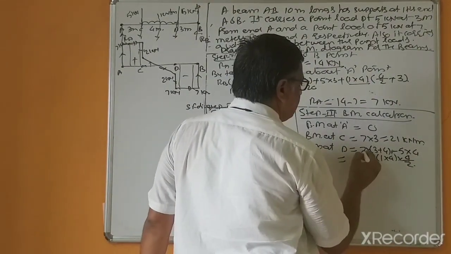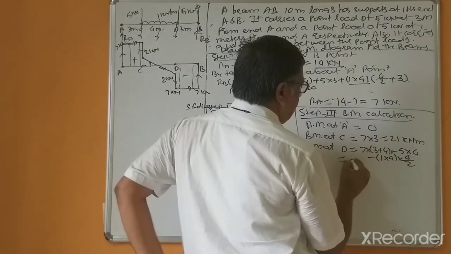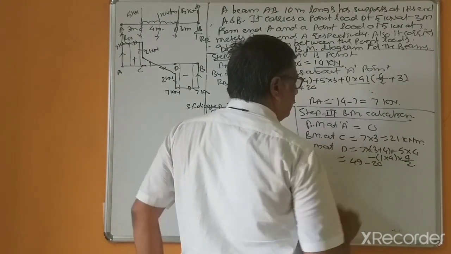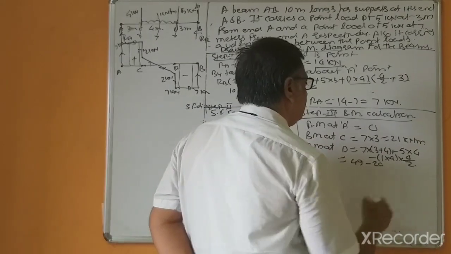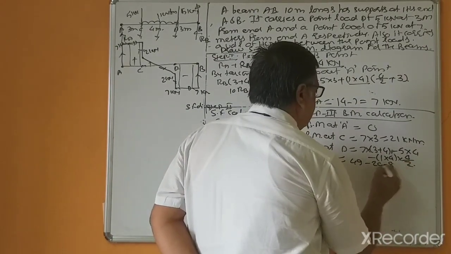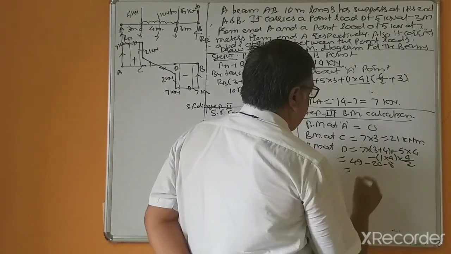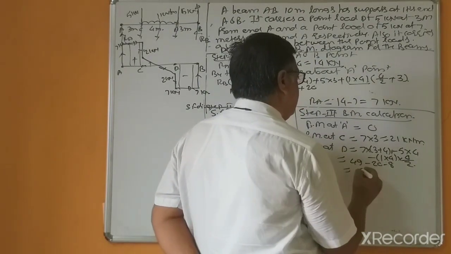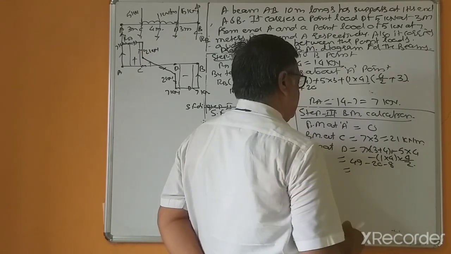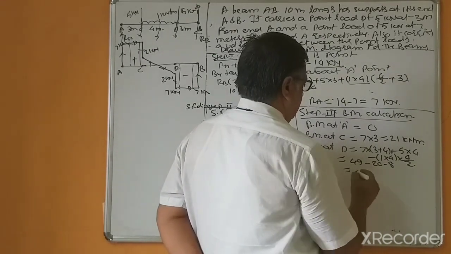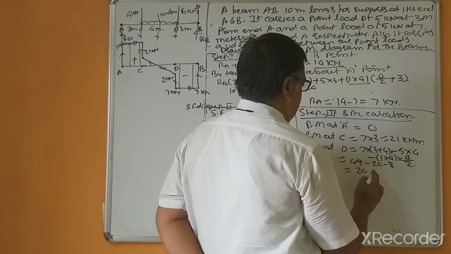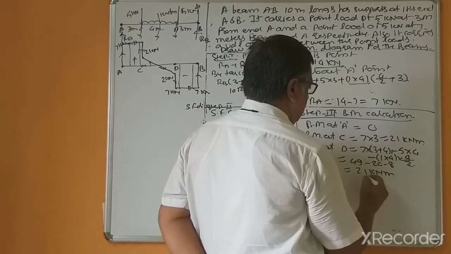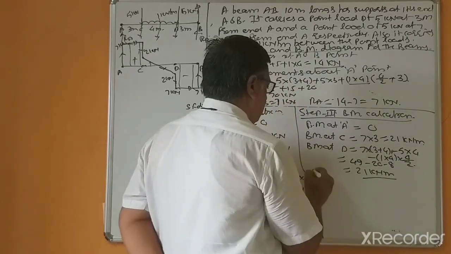So that's why this is 7 multiplied by 7, 49, minus 20, minus 8, that is 49 minus 28, again 21 kilonewton meter.